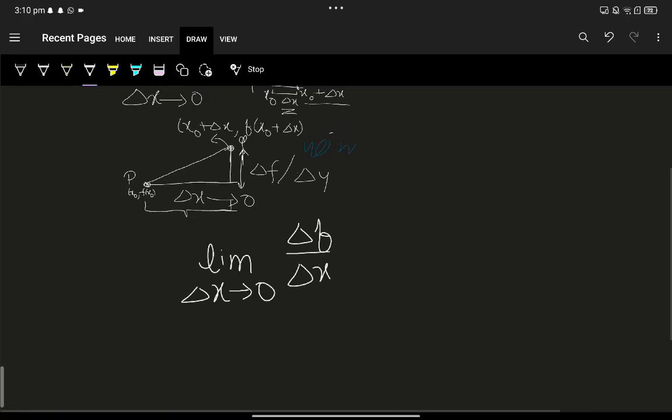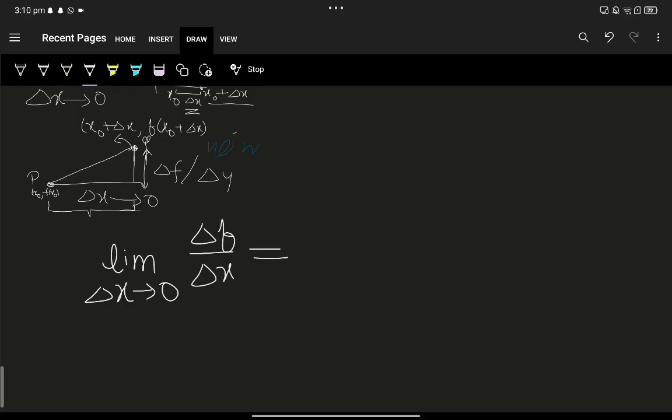And what is this? It's basically the slope of the line. As I said earlier, the derivative of the tangent line is actually the slope of the tangent line. Sorry, my bad, I said the derivative of the tangent line, but it's wrong. The derivative of the graph of the function is actually the slope of the tangent line at a particular point.